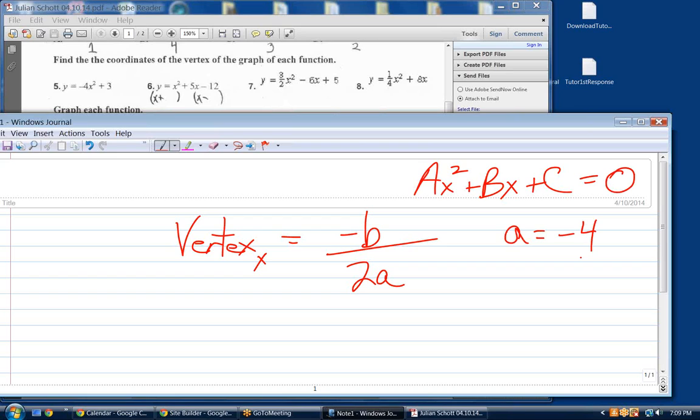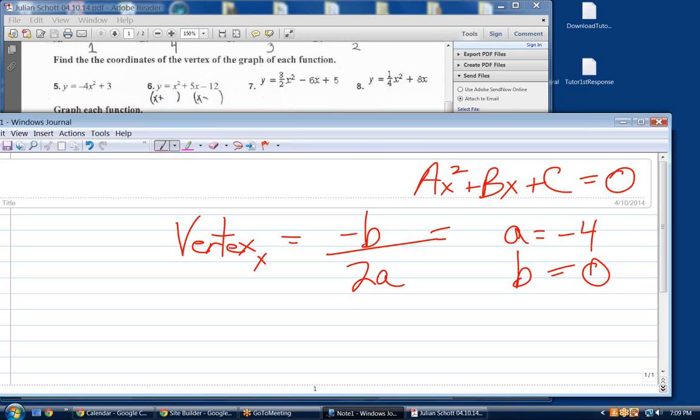What's B? Positive 3. That's C. Oh. 0? Yeah. So what is the x-coordinate of the vertex? What's negative 0 divided by negative 8?